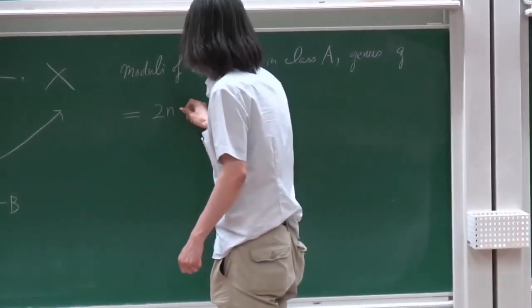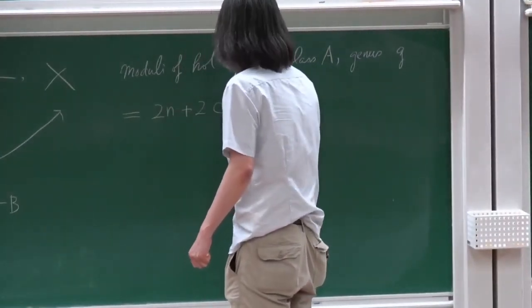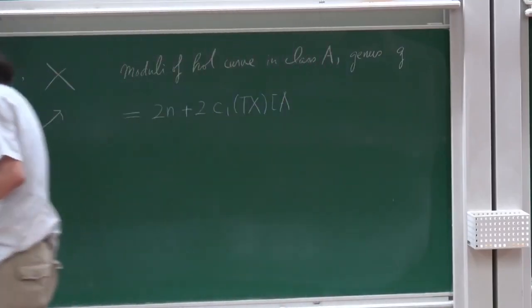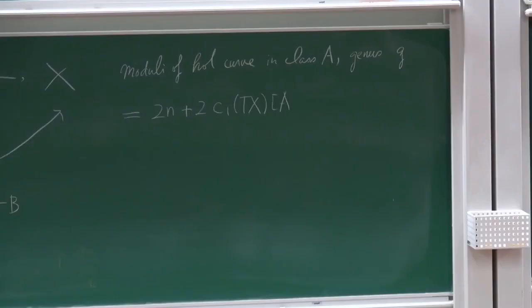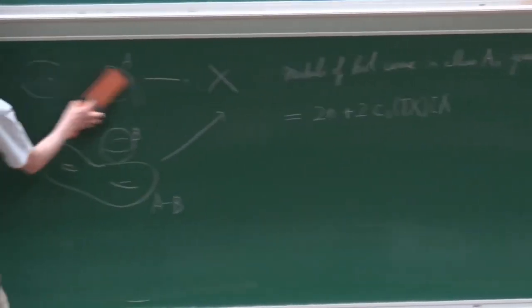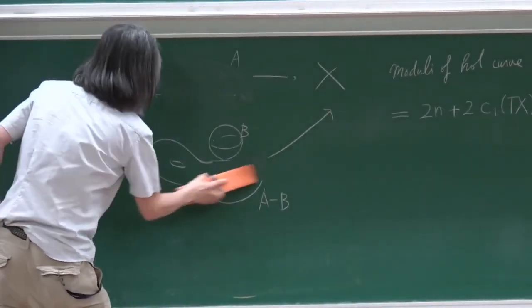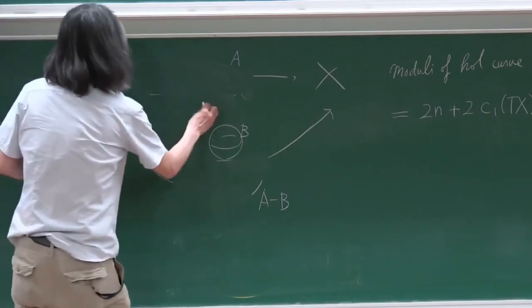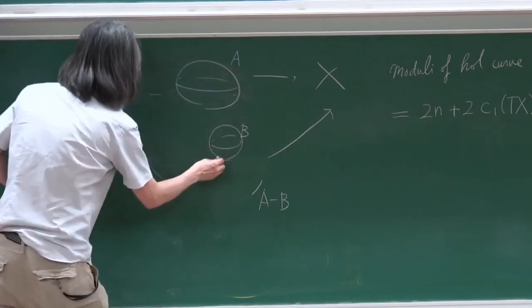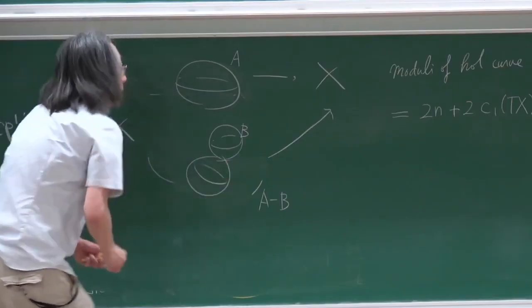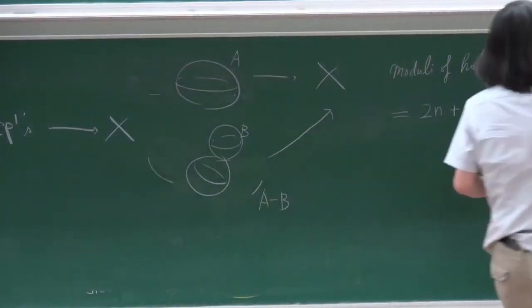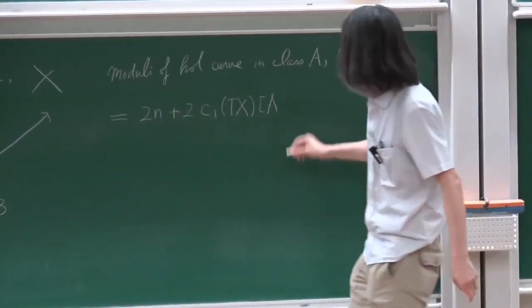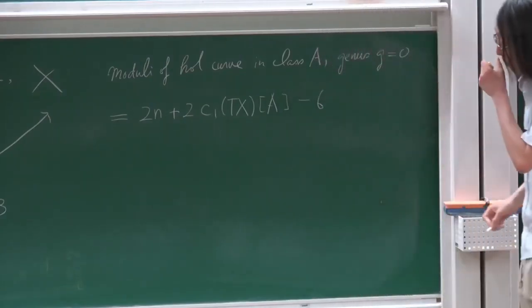The dimension is 2n plus 2 times c1 of TX of A. Sorry, maybe just consider the case of P1. Maybe that's easier. So now I just consider a sphere. Maybe that is much easier for computation. Any domain is okay, but just consider this. So genus 0. Then this is actually this minus 6, right?